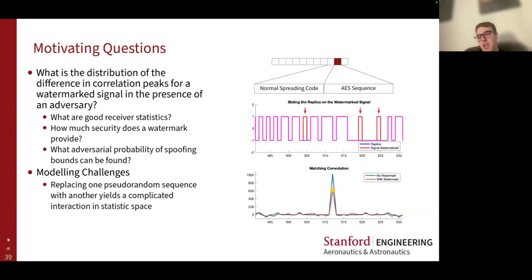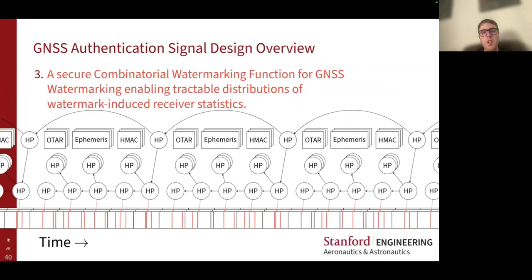It's a difficult challenge to model that on the receiver statistic without doing experimentation. Furthermore, the Chimera watermark is a burst. So we'll have normal wheel code, and then all of a sudden it'll just be completely random. That means there's a time-correlated aspect to it too, which will degrade security.